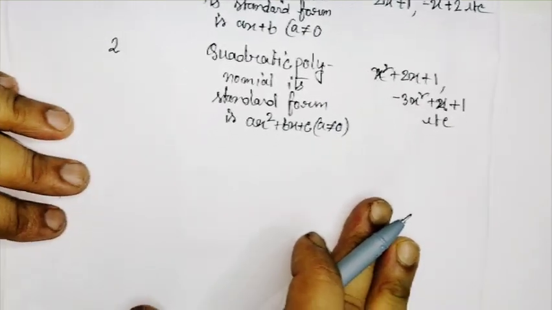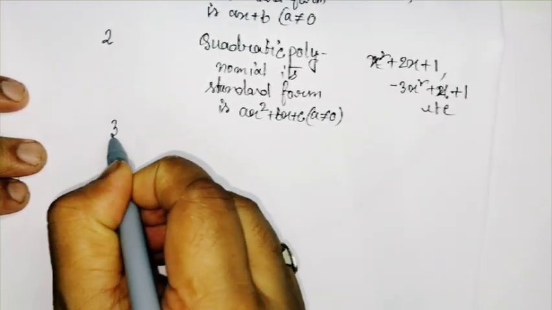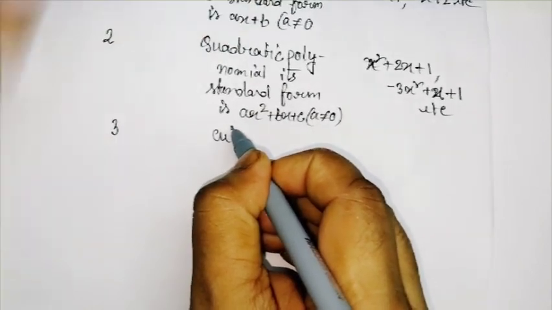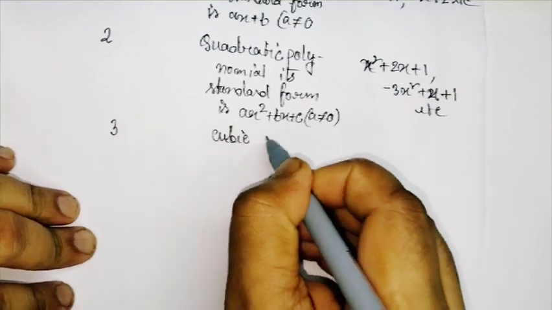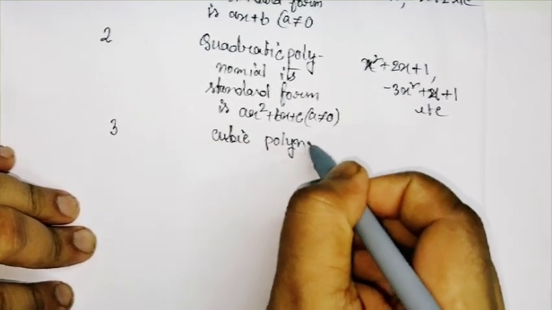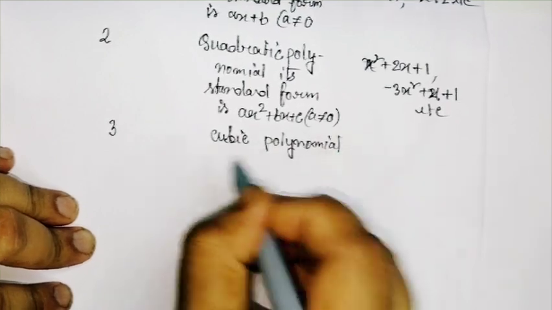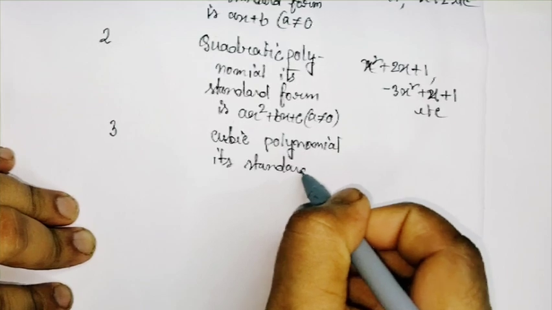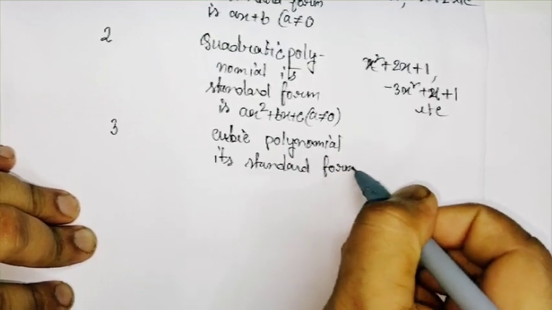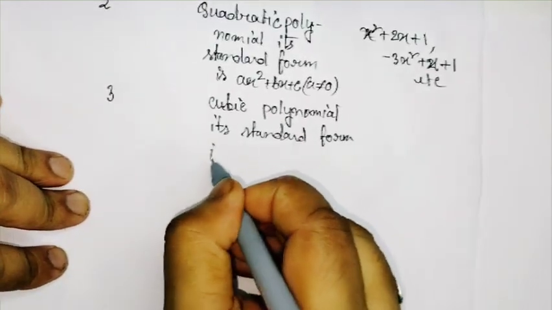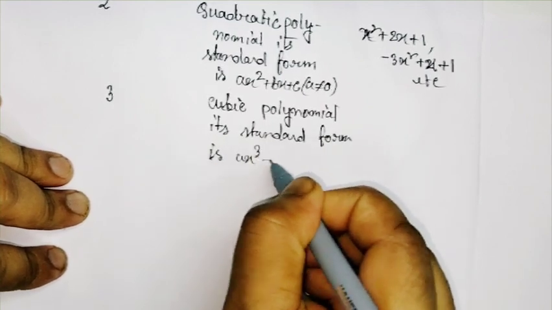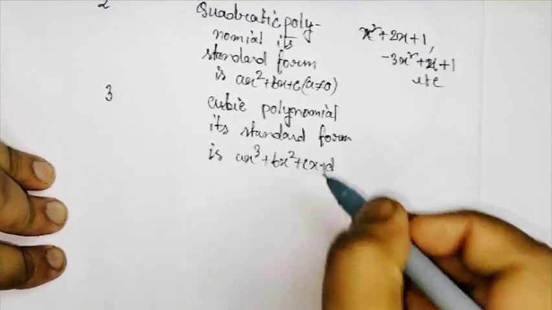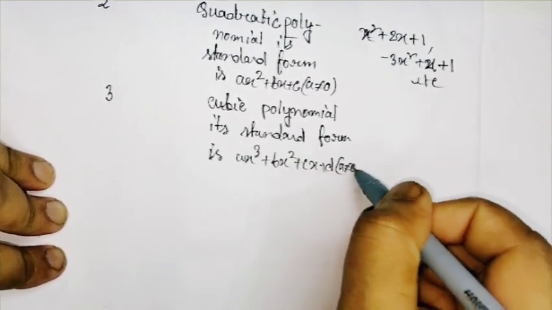These are quadratic polynomials. Again, next, cubic polynomial. A degree 3 polynomial is called a cubic polynomial. Its standard form is ax cube plus bx square plus cx plus d, where a is not equal to 0.